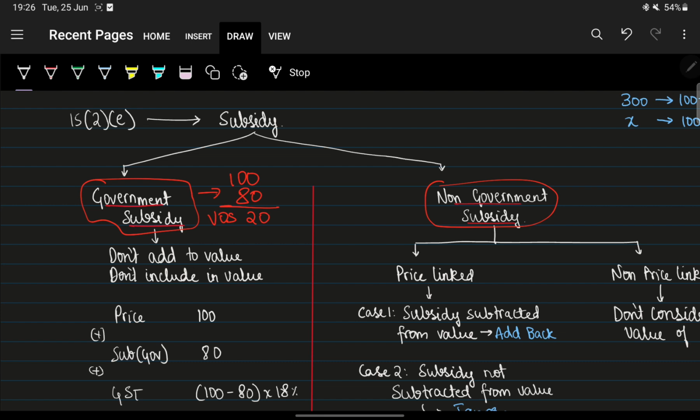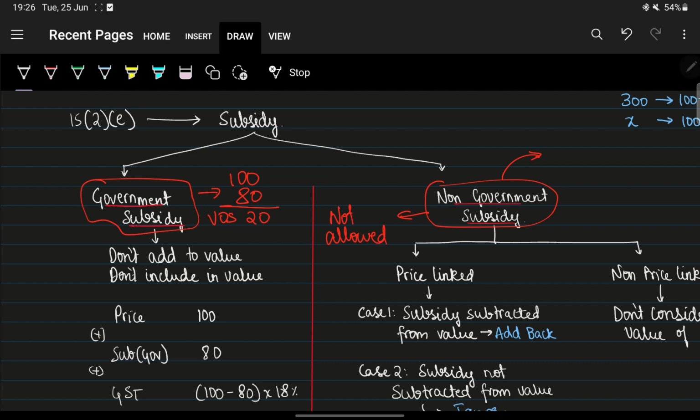But in case of non-government subsidies, you cannot use them to reduce the value of supply. Basically this is not allowed. Non-government subsidies are not allowed, as in you cannot subtract it from the value of supply. Is that clear?